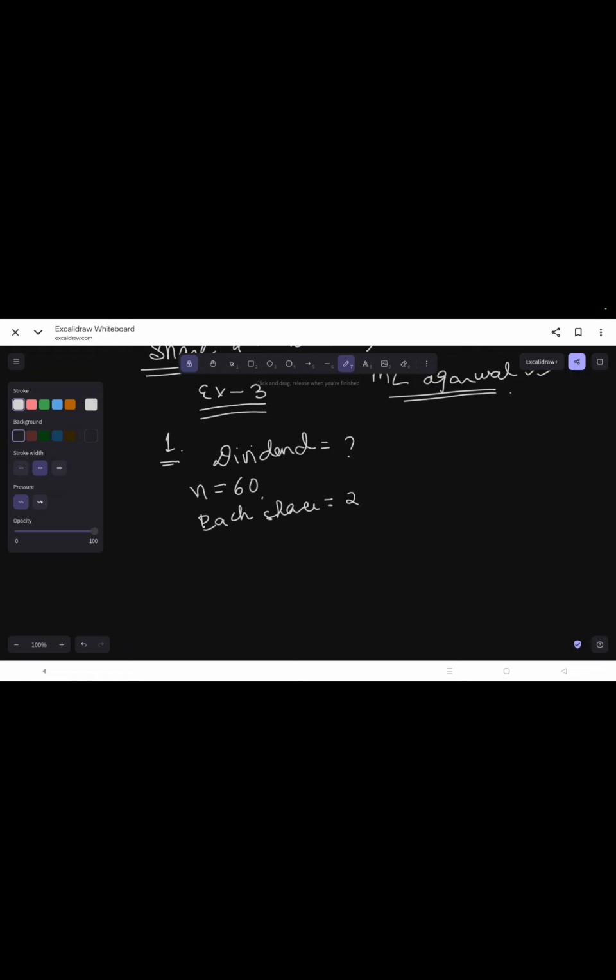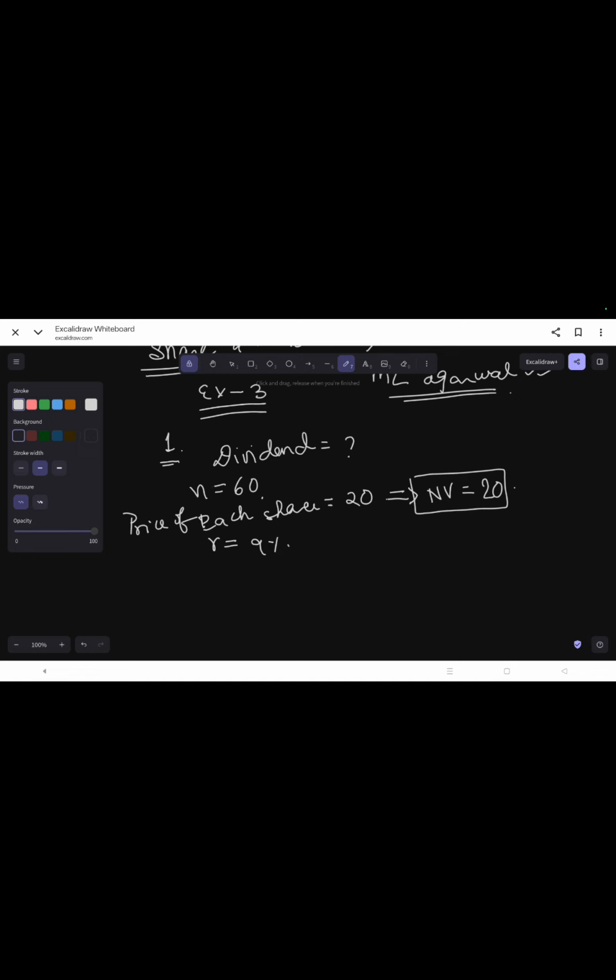Its price is 20, and the rate is 9%. If the price of each share is 20, we can easily say the nominal value is 20.